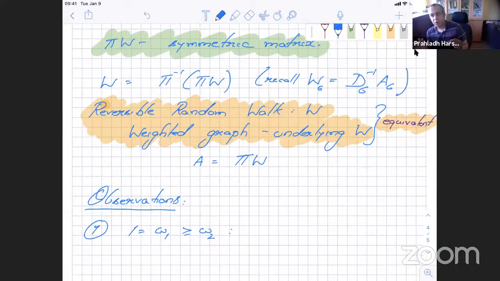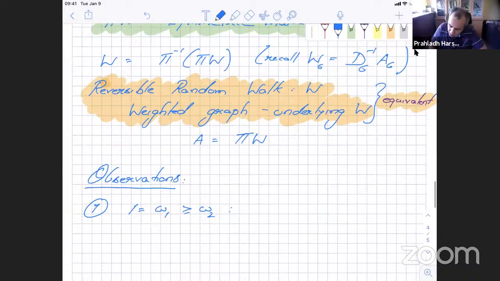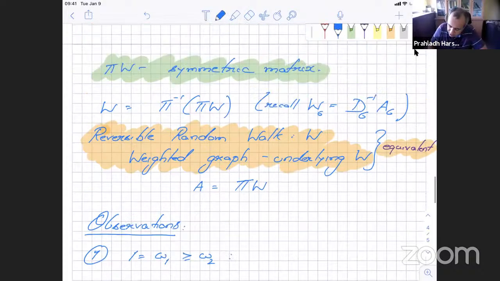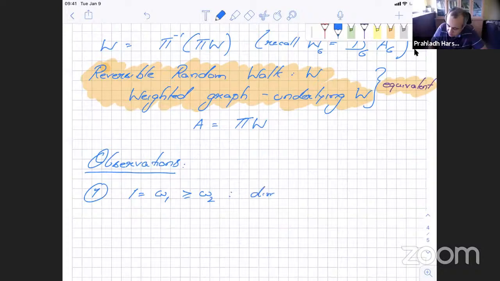So the eigenspace corresponding to the eigenvalue 1 will have dimension at least the number of components.